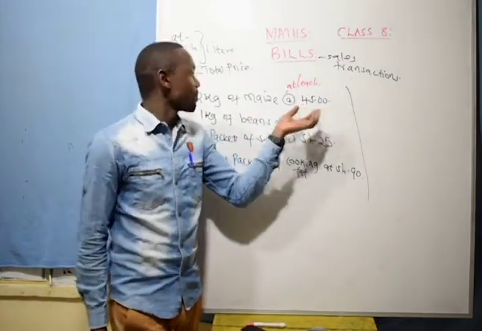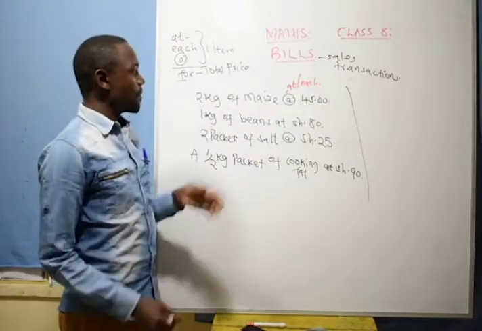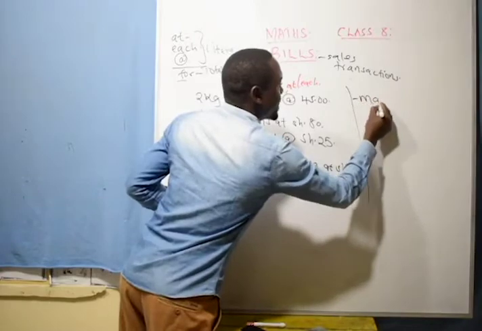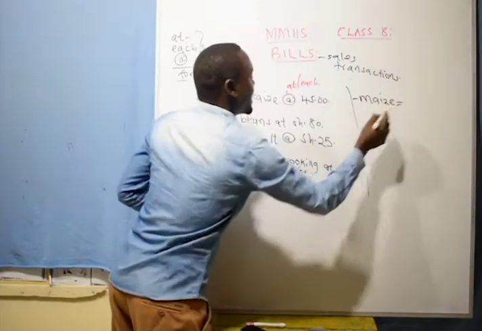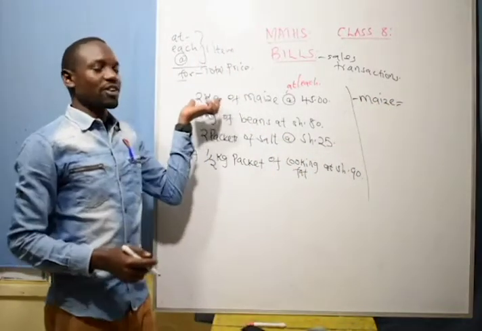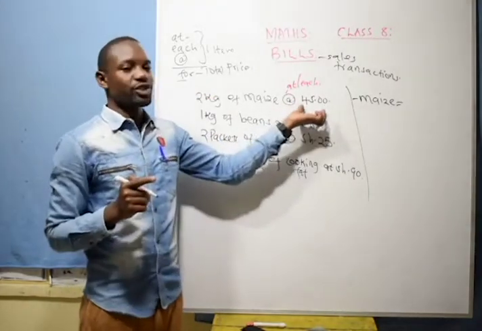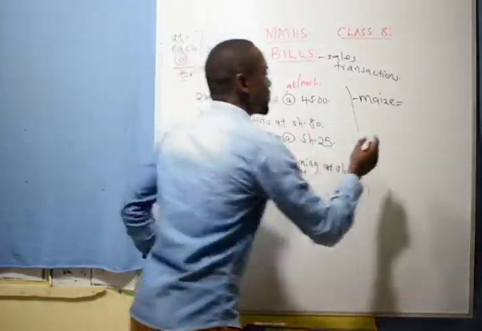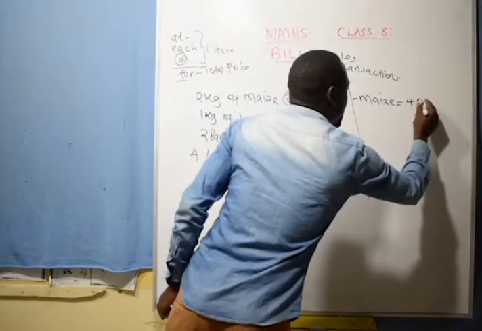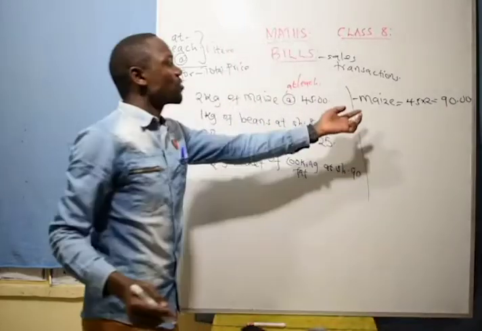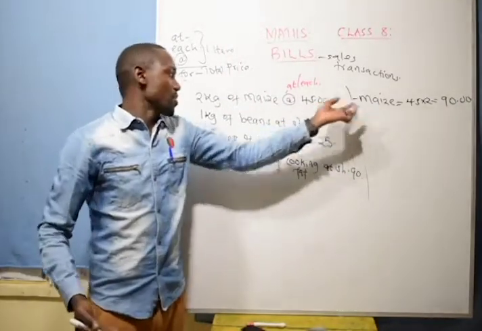How much money did he spend on maize? You multiply the number of kilograms, 2, by the cost of 1 kilogram, 45 shillings. So 45 times 2 is 90 shillings. That is the amount of money that person spent on buying maize.